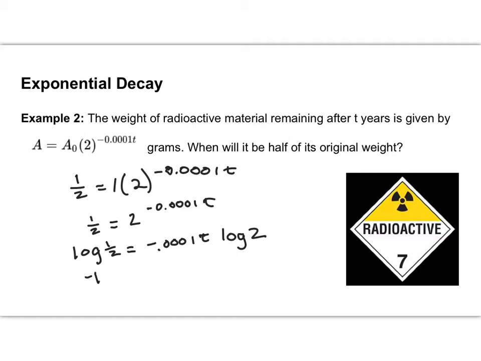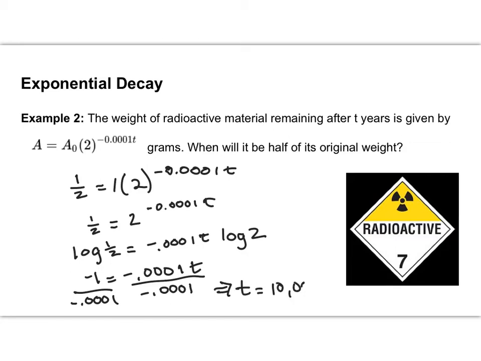It's -1. Don't even need a calculator for that, because 1/2 and 2 are both powers of 2. And then I divide both sides by negative 0.0001. And I get that t is 10,000 years. That is why, kids, we don't play with nuclear material.